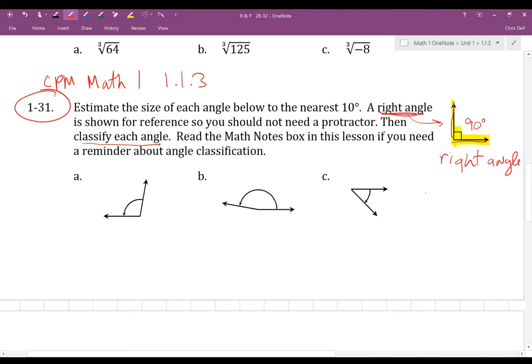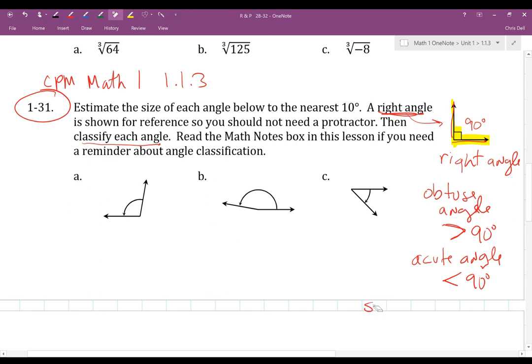Then an obtuse angle is greater than 90 degrees but less than 180. And then an acute angle would be less than 90 degrees but greater than 0. And then there's the straight angle.